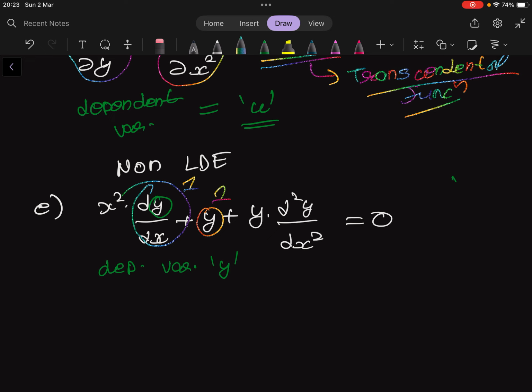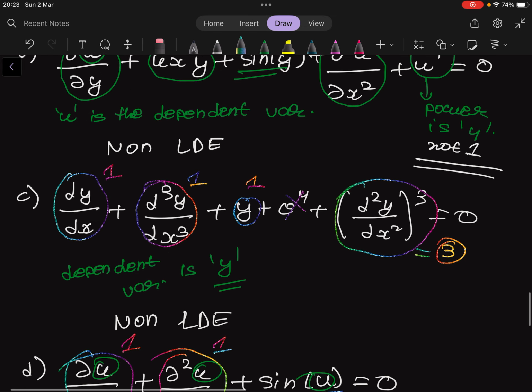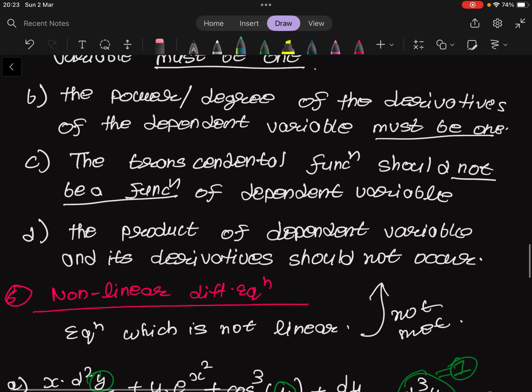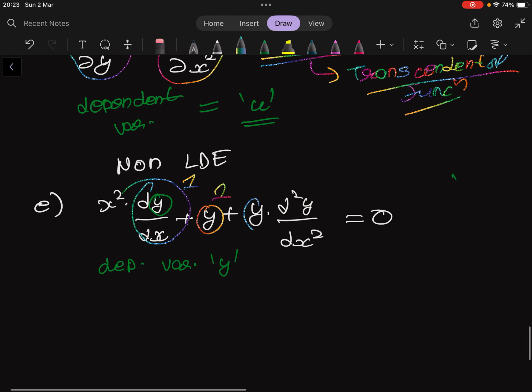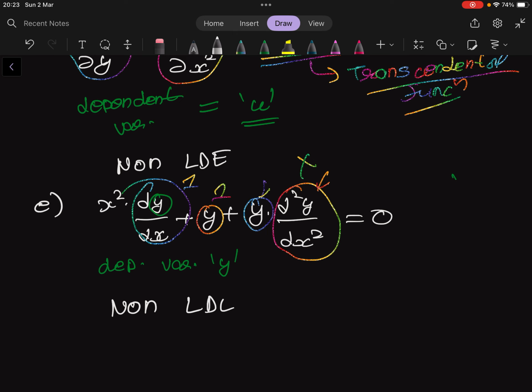But see here, according to the fourth rule, the product of the dependent variable and its derivatives should not occur. But in this case, the product is occurring. So if it's occurring, then this makes our equation a nonlinear differential equation. So this equation is also a nonlinear differential equation.